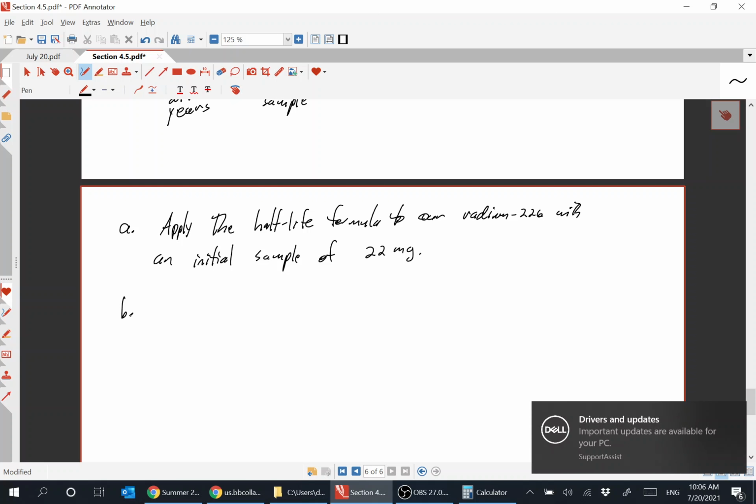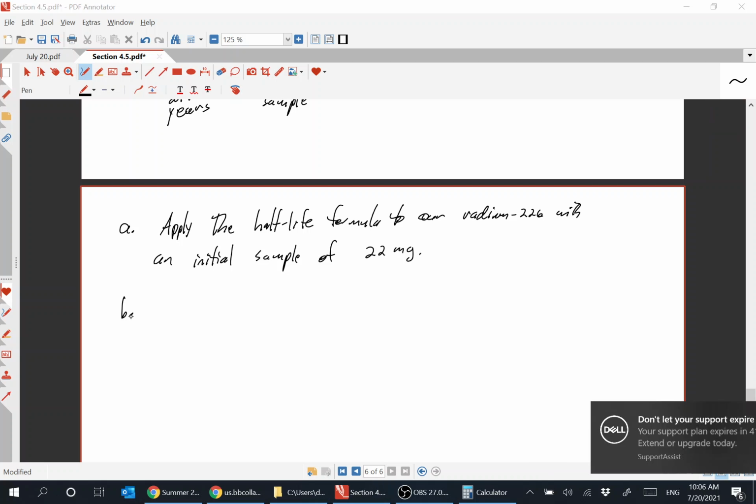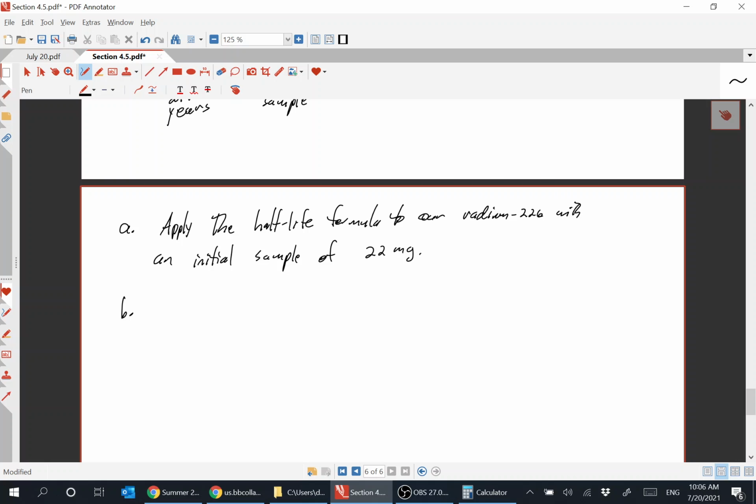Actually, in the book this is C: how much of the sample will remain after 4,000 years?